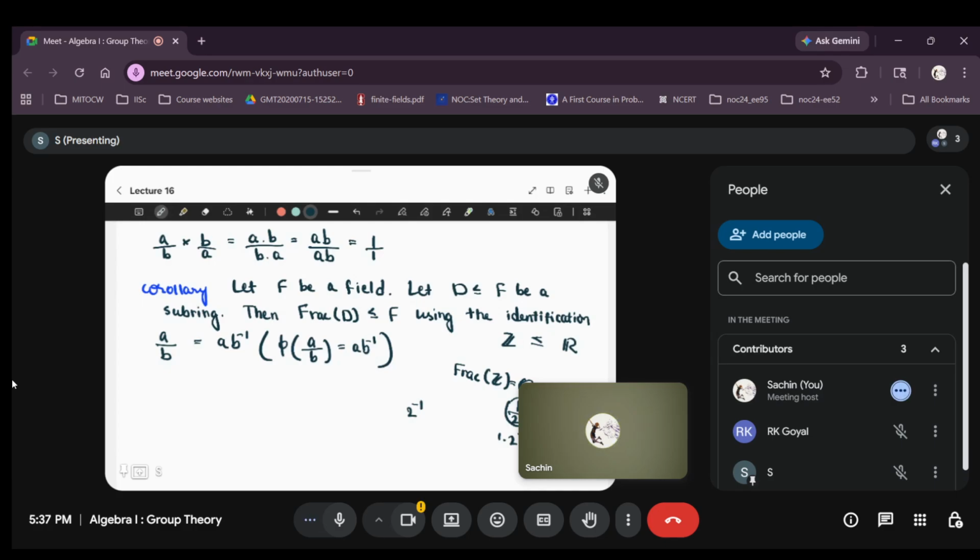I mean you can write it within Q, but 2 inverse does not exist in Z. Okay, this problem only happens because this 2 inverse has a meaning in Q, but it does not have any meaning in Z.